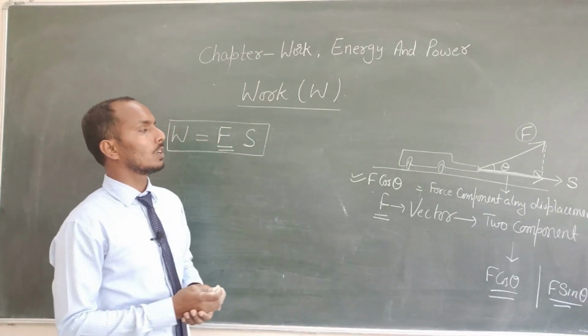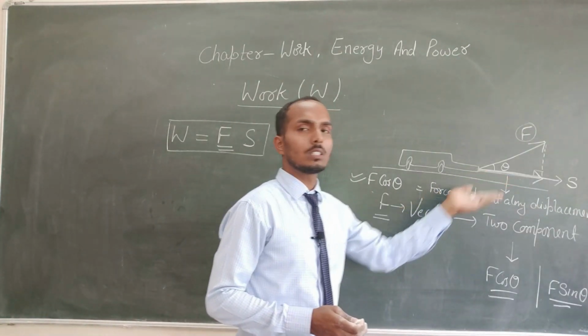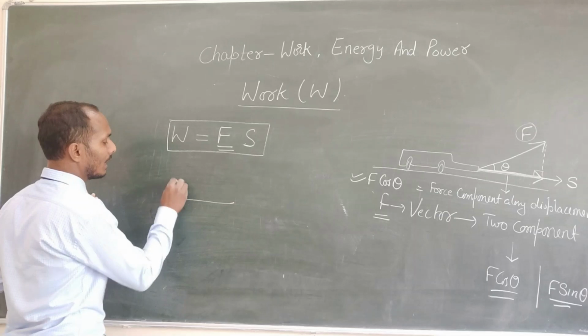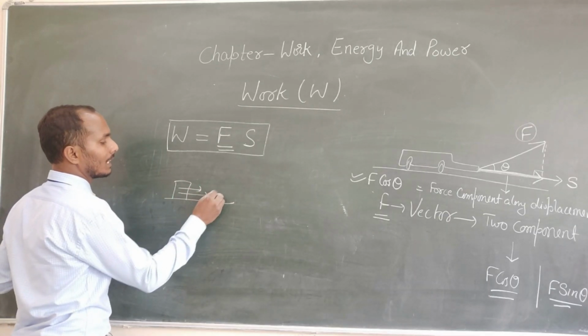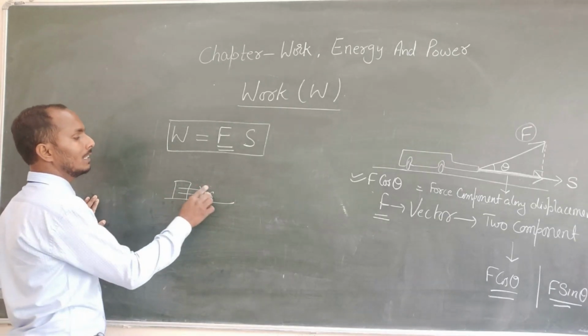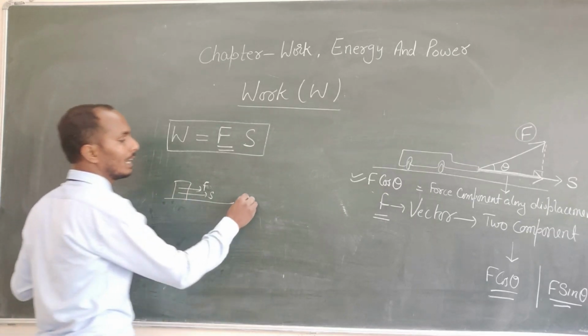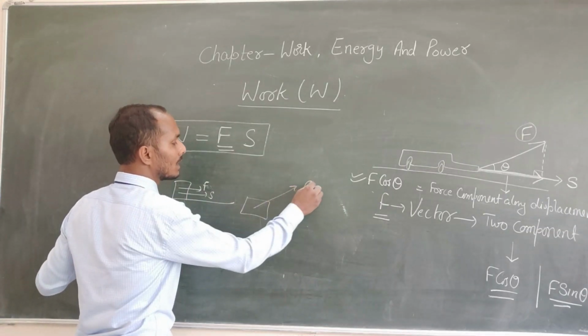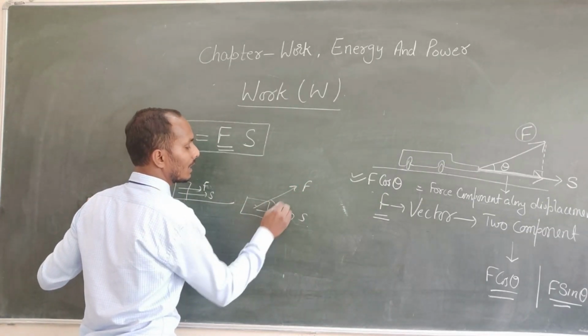Most of the time, force is not always acting at 90 or at 0 degrees. It may be that you applied a force in this direction and the body displaced at an angle of theta.